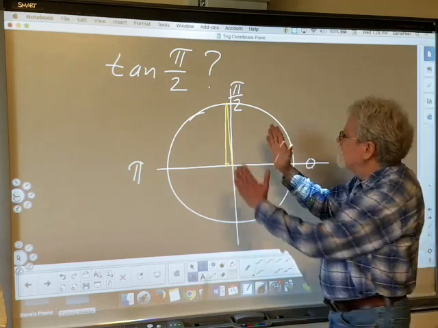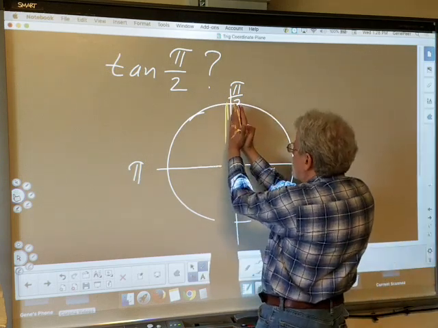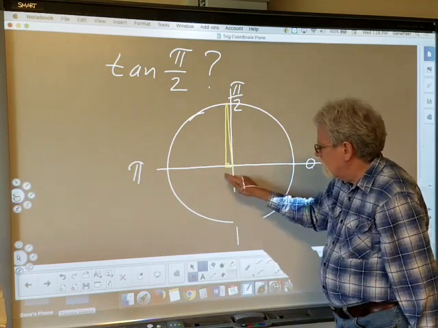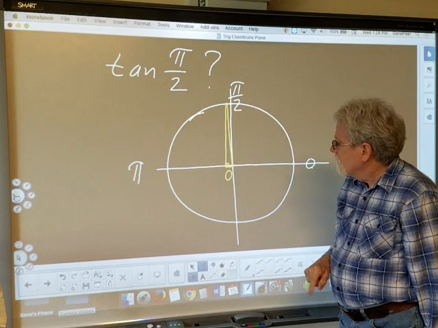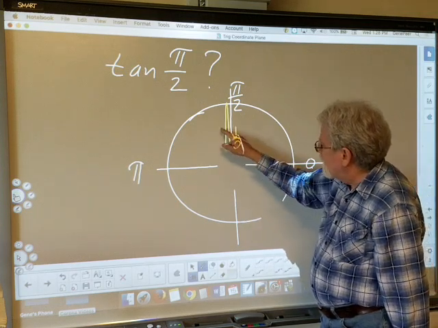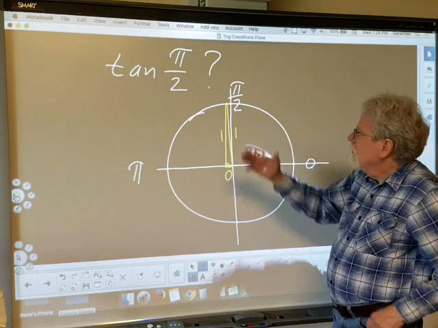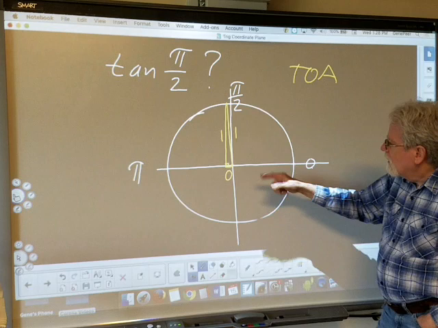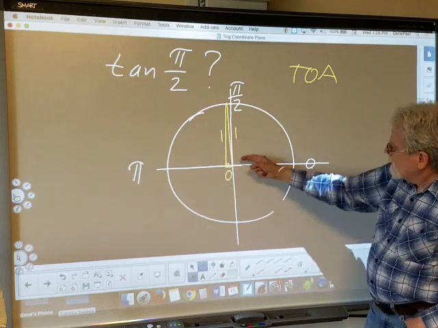But in reality, if we were actually at pi over 2, how wide would the adjacent side be? It would actually be 0. And the hypotenuse, which is 1, would be the same as the opposite side, which is 1. So now what's the tangent? TOA. Tangent is opposite over adjacent.